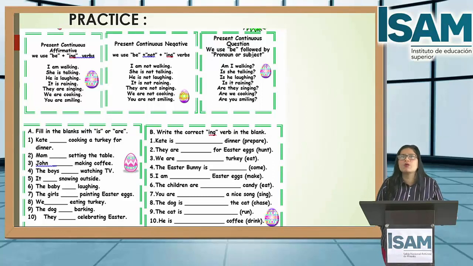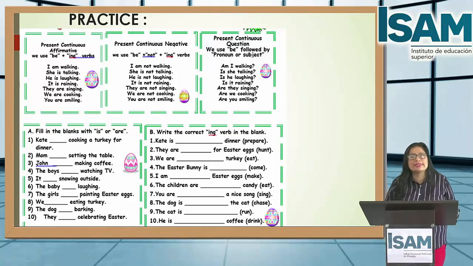When we use is and when we use are. For example, Kate is cooking a turkey for dinner. Mom is setting the table, está poniendo la mesa. John is making coffee, está preparando café.